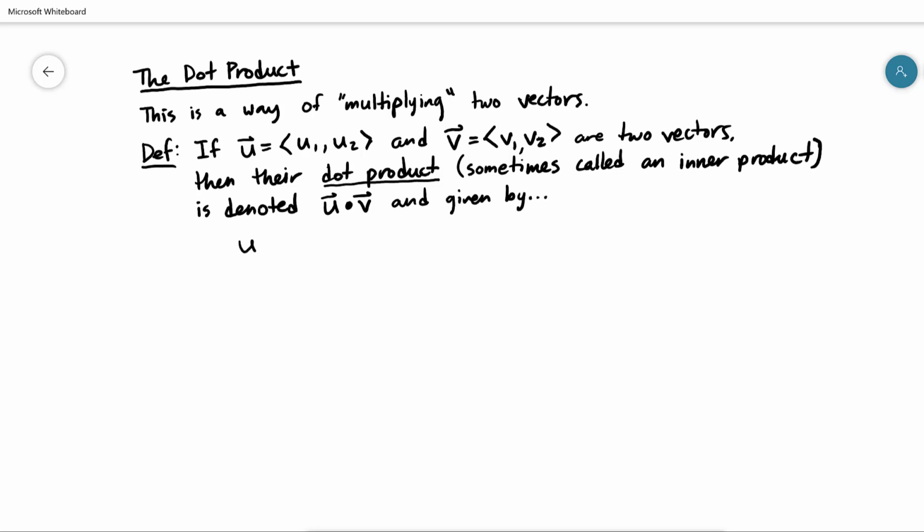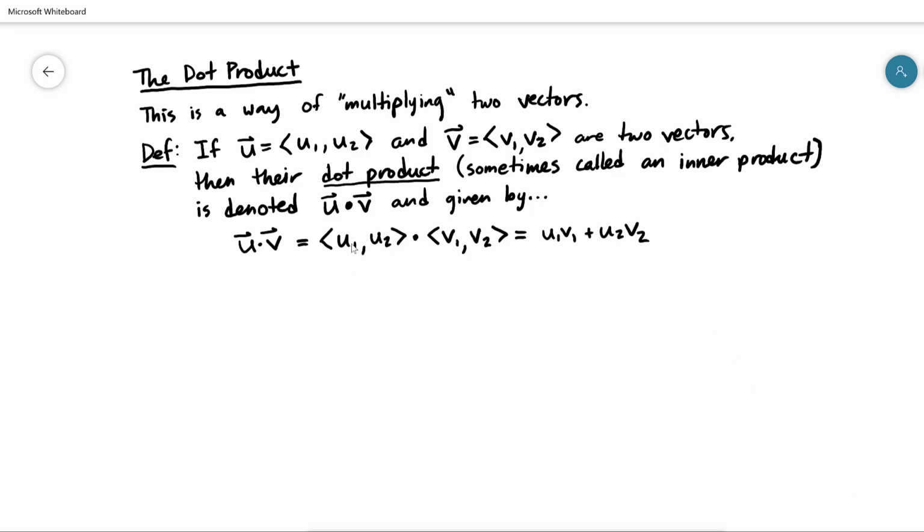So u dot v is going to be equal to: u1, u2 dotted with v1, v2 is equal to u1 v1 plus u2 v2. So this is what the dot product looks like.